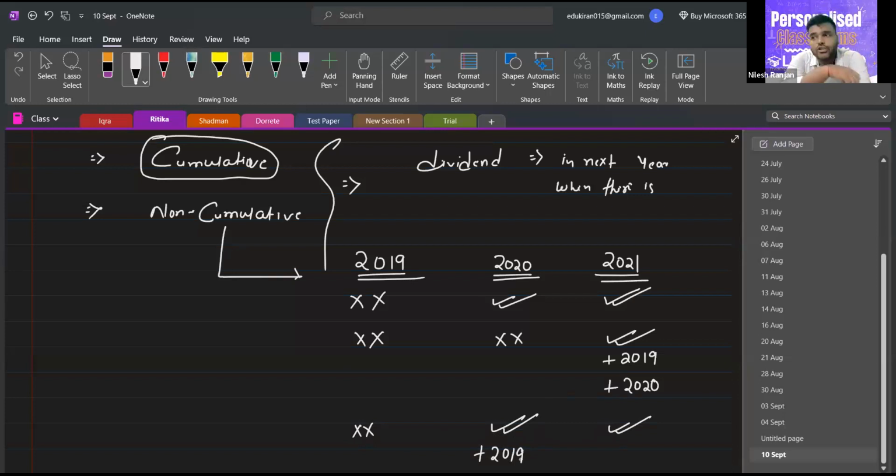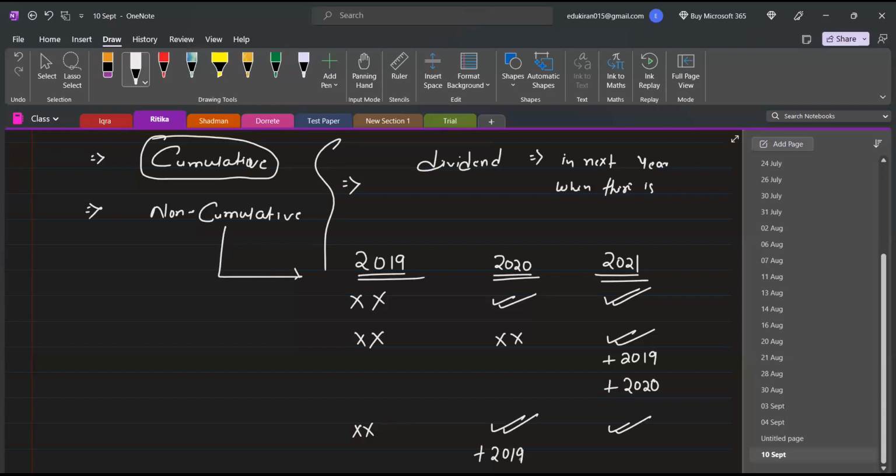Accumulated doesn't mean that if we have paid the dividend in the current year, then we will pay it again next year including this dividend. No, it would be like we are paying dividend two times. If we have paid in 2020, then why would we pay the dividend of 2020 in 2021?